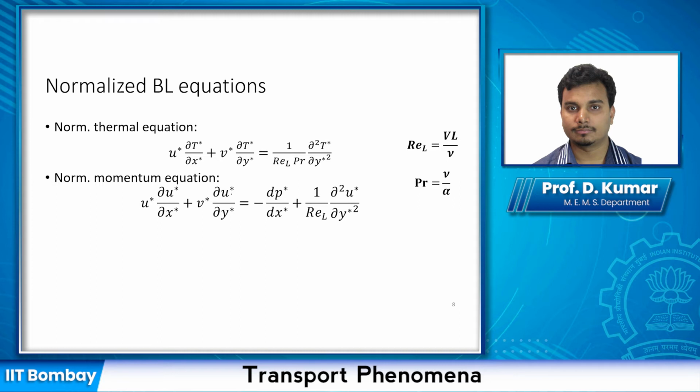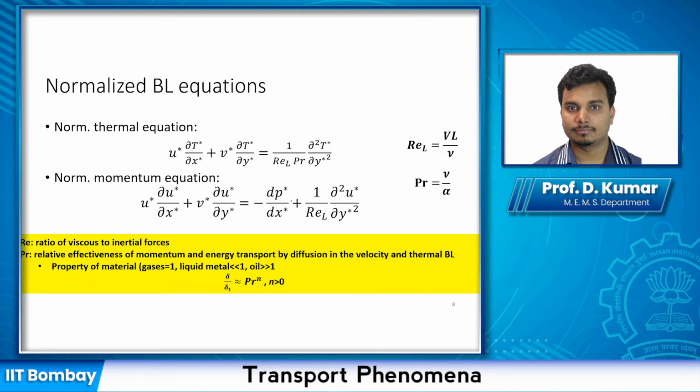A similar thing can be done for the momentum equation as well. We are not going into detail about that, but your normalized momentum equation will look like this. You can see that there is a good similarity between these two equations. If you solve for u star or t star, unless your dp star by dx term is 0, then this equation is very close to this.